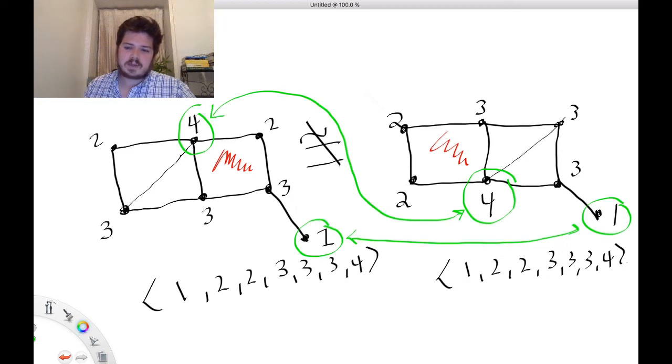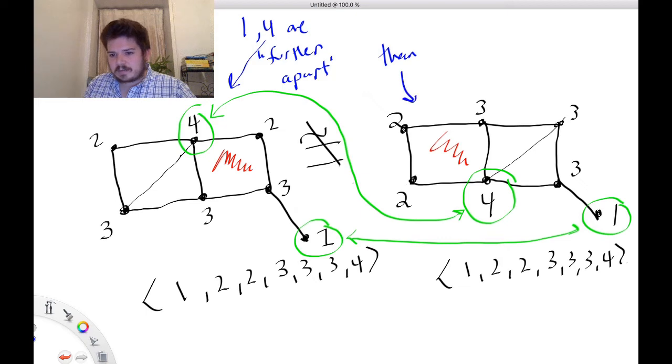However, maybe you can see pretty easily that 1 and 4 in this graph are further apart than in this graph. I haven't really defined what that means yet.